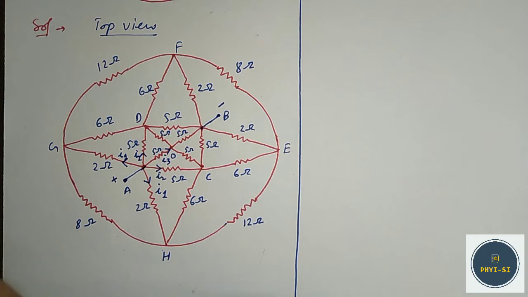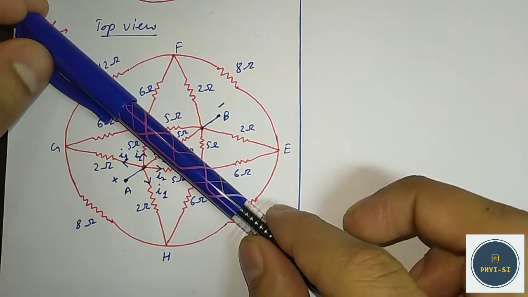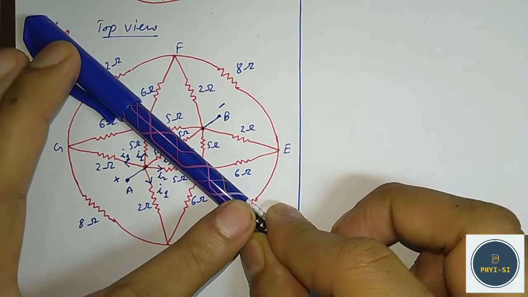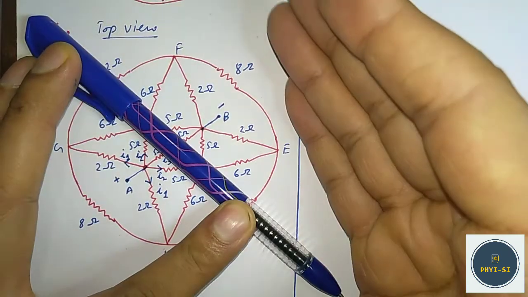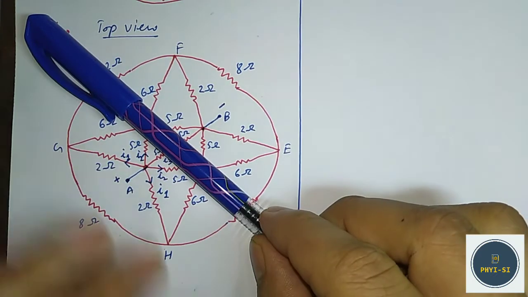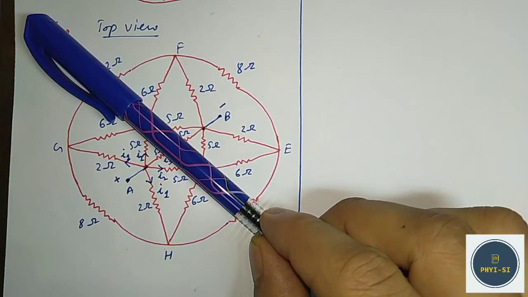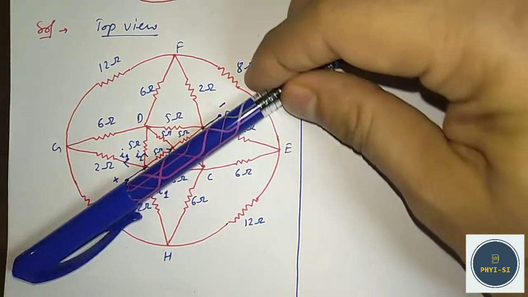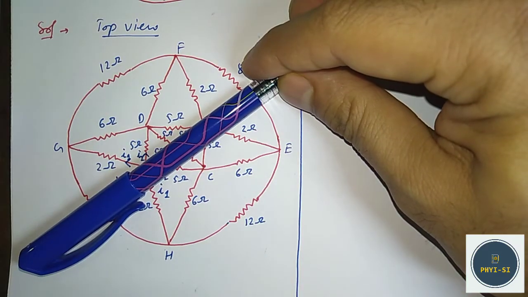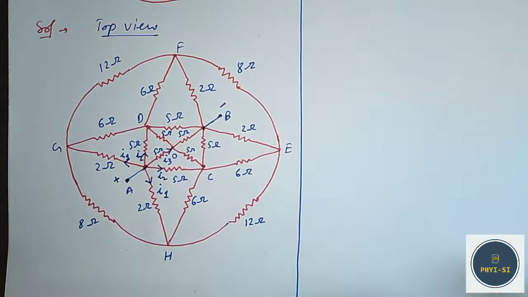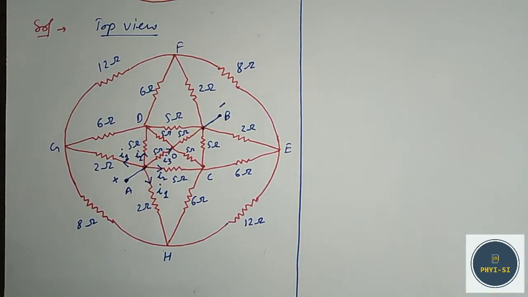Now if I put a mirror over here, the right side of the circuit and the left side of the circuit are symmetrical to each other. And from here also the left hand side and right hand side are mirror images of each other.